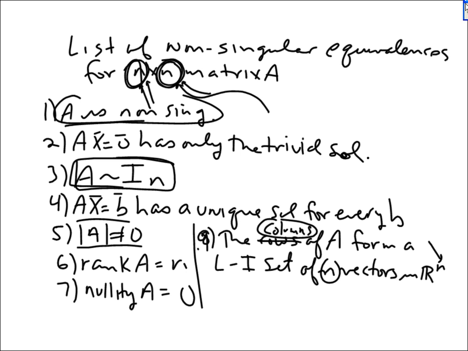Okay, so we're up to 9 equivalences, and know them. That way you can go from one to another. If you know the rank of A is not n, it's less than n, don't look for the inverse. Don't augment A with the identity matrix and then reduce it, because you're not going to get an inverse.